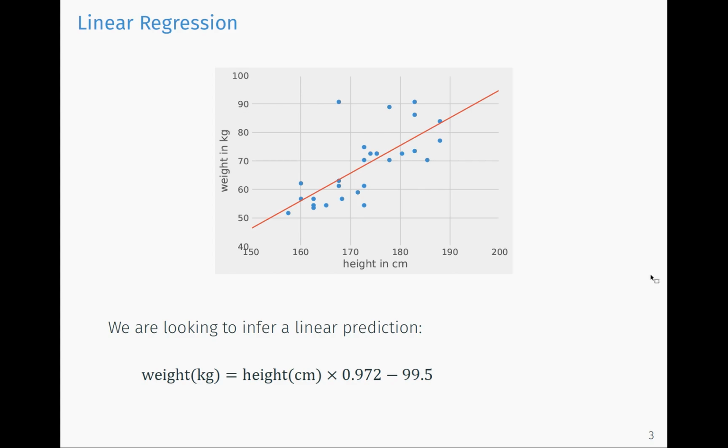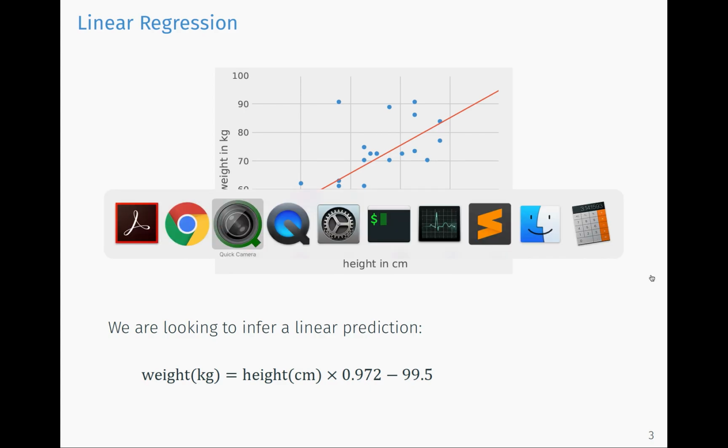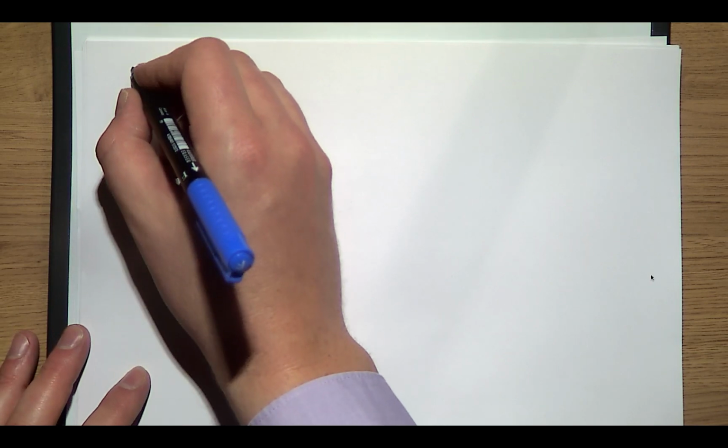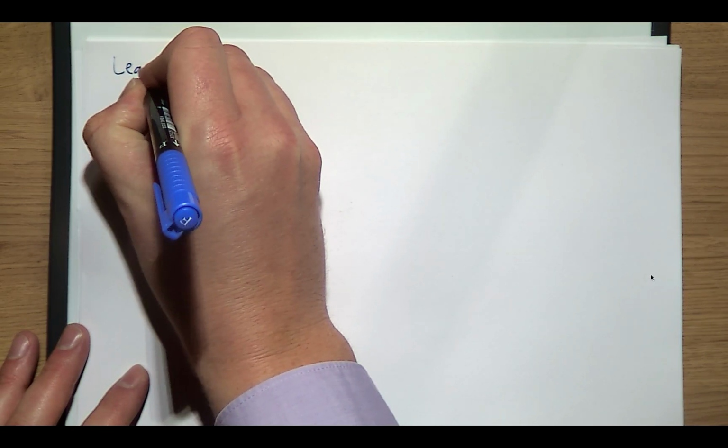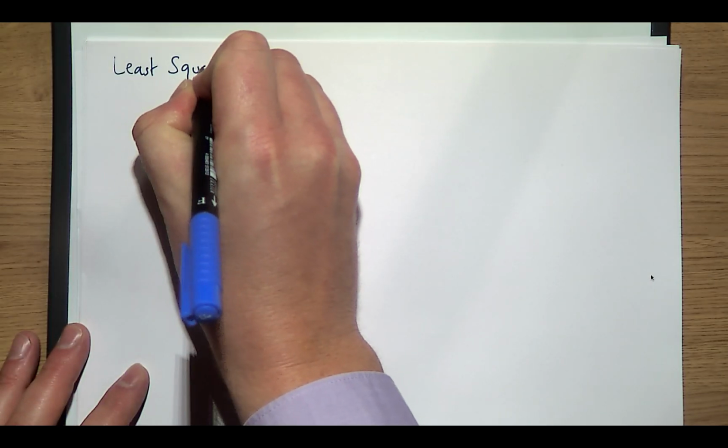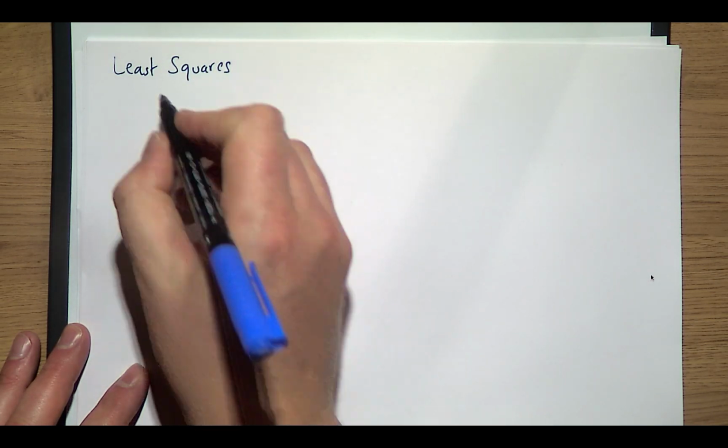I'm just going to talk a bit about notations, and that's something that will stay true throughout the rest of the course material we're going to see. So we're looking at least squares.